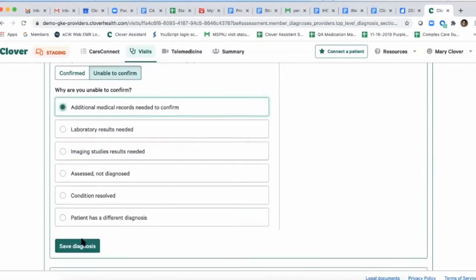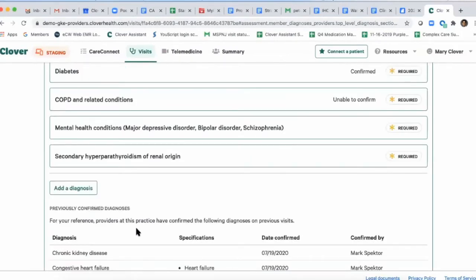And so what Clover will do is note that, and we'll be in a position to actually send you additional medical information on the patient that you may not already have access to. And the hope is that that additional information will broaden your knowledge of the patient. You still will be in the position to say, hey, does this person have COPD or not? But if the person does, based on your judgment after receiving more data, we'd hope that your care plan would incorporate treatment for that condition.